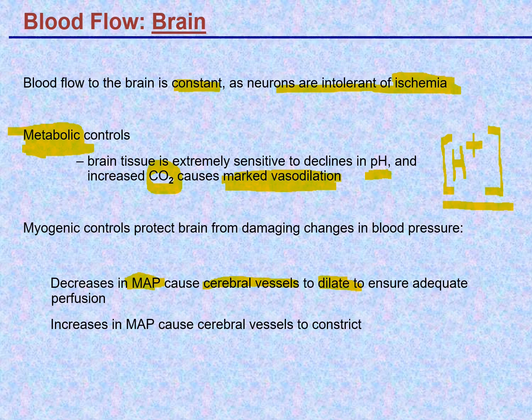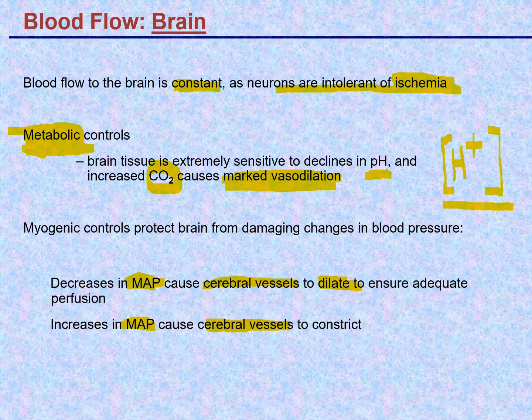And if the mean arterial pressure is too high, you'll get those blood vessels constricting, undergoing vasoconstriction, to ensure that you don't get too much high pressure in the brain, because that can also cause injury or damage by causing edema or swelling and loss of function.